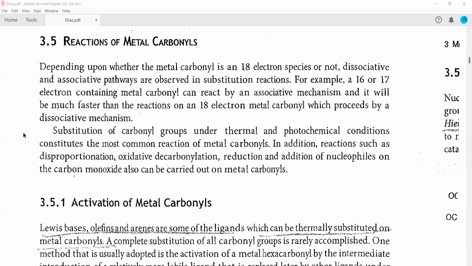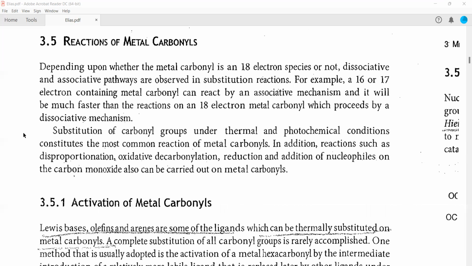So let us start. We are going to study how metal carbonyls react, the various ways in which they react, and the mechanism. We will also study how you can activate any metal carbonyl.